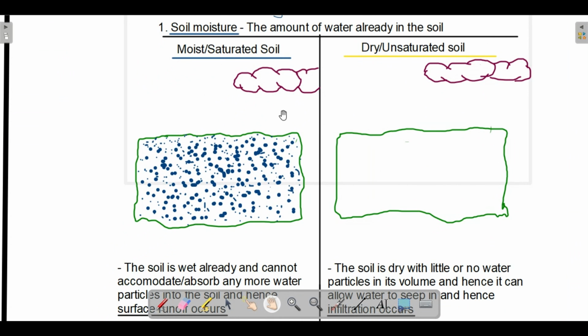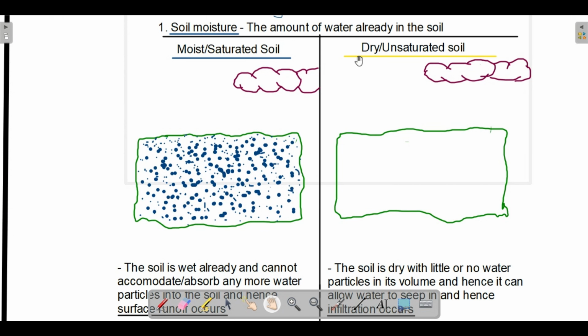Right, so the first factor that influences infiltration and surface runoff is soil moisture. Soil moisture, guys, refers to the amount of water that is already in the soil. You can have a soil that is saturated, by that we mean a soil that already has a lot of water in it.